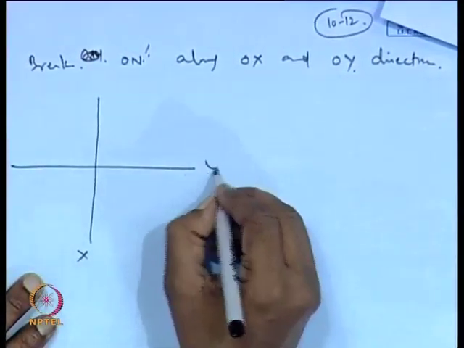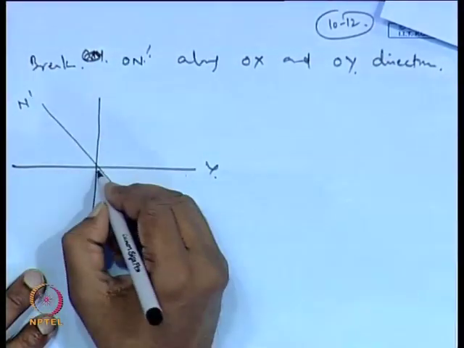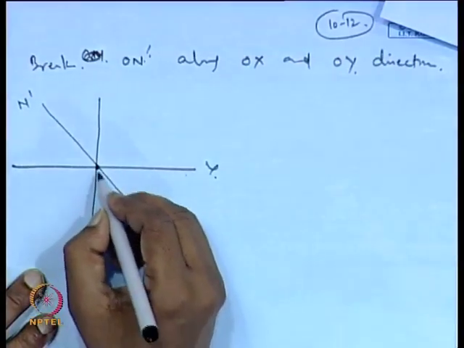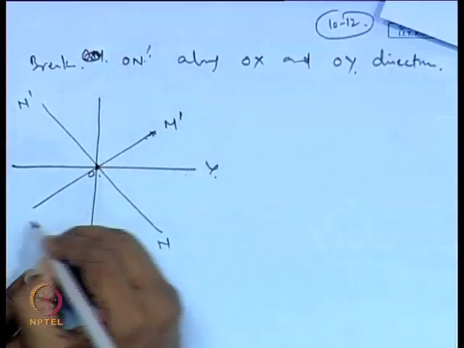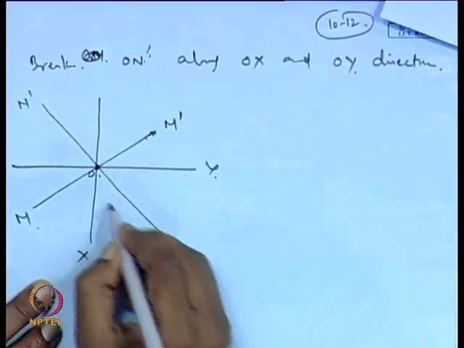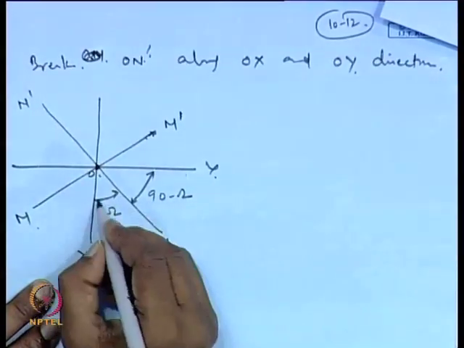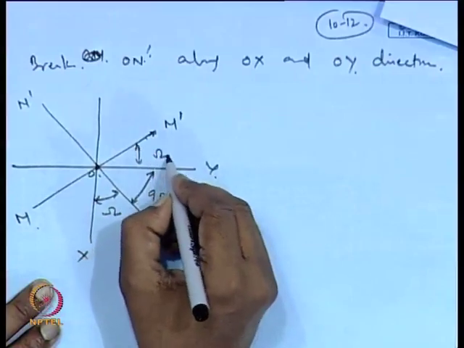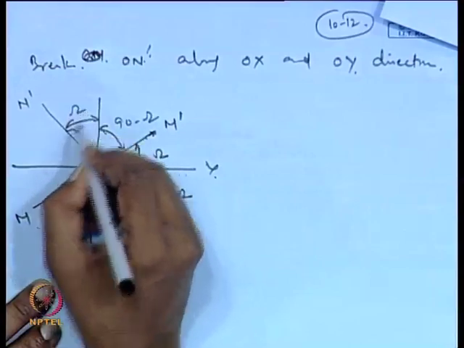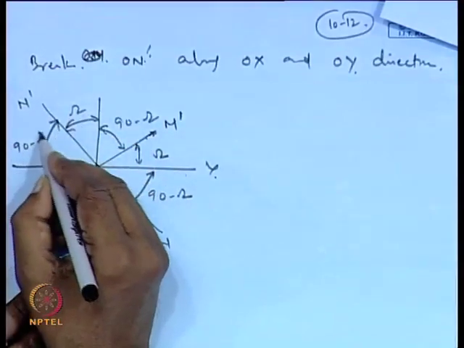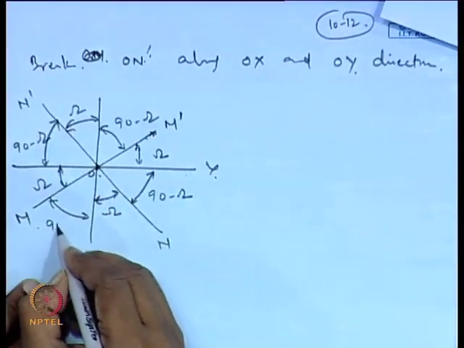This is x, y, this is n prime, okay. And here this is O, this is our m prime m. This angle is capital omega, this is 90 minus capital omega, here this is capital omega, 90 minus capital omega.